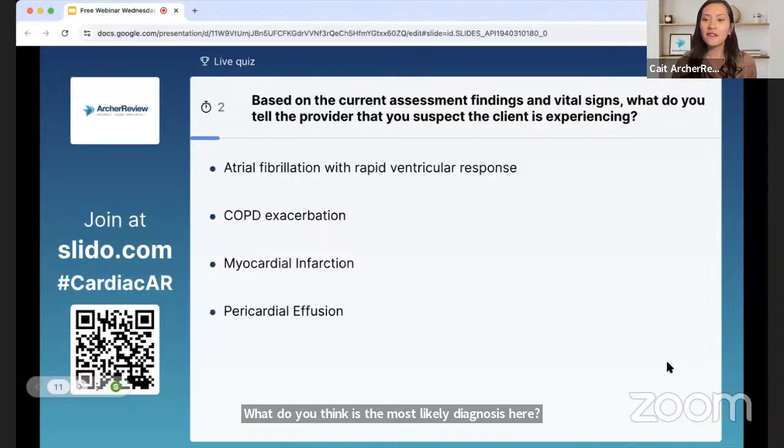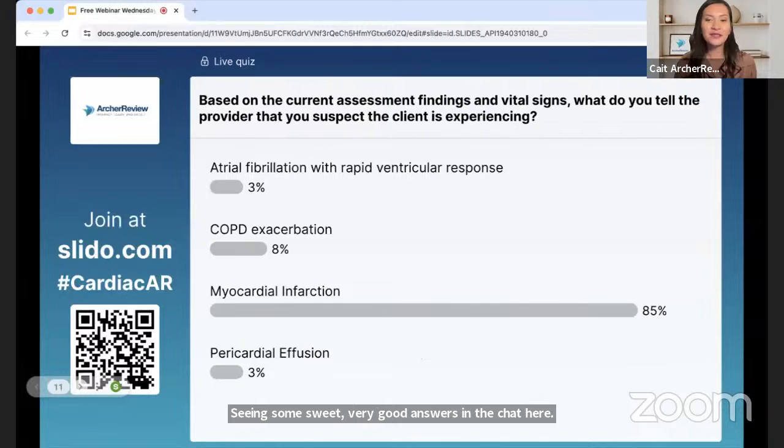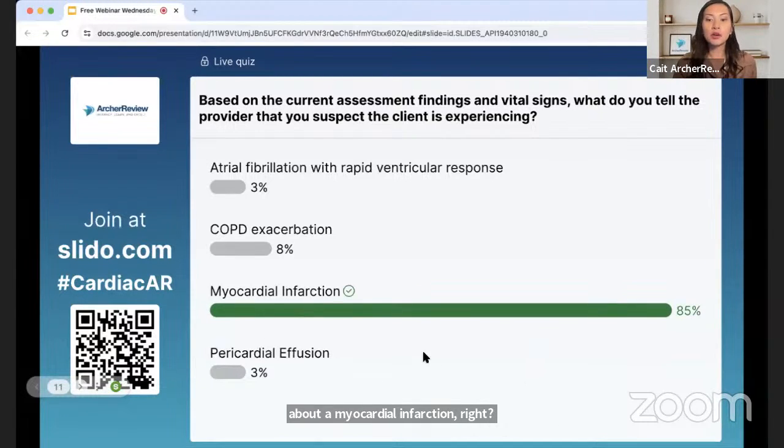Seeing some very good answers in the chat here. Awesome. So most of us are saying we're worried about a myocardial infarction, right? This is going to be our most concerning diagnosis because, again, that client is complaining of chest pain.